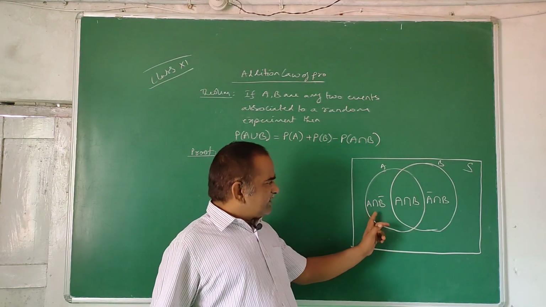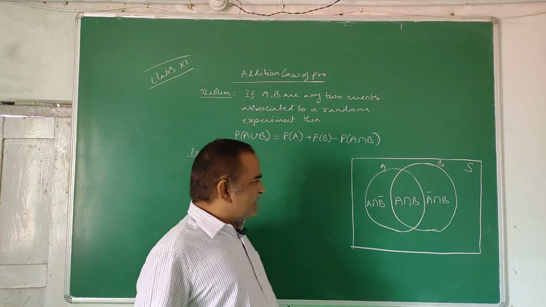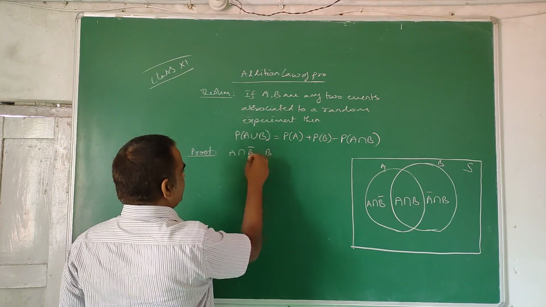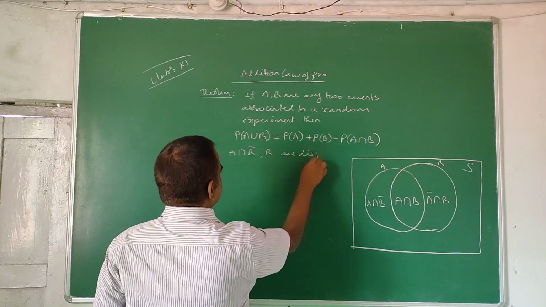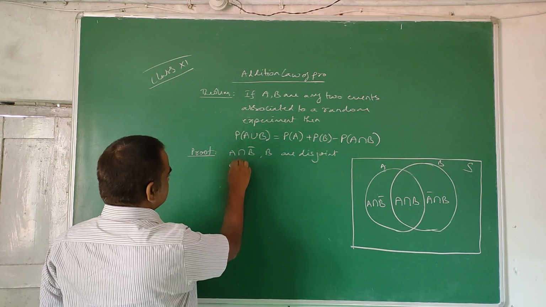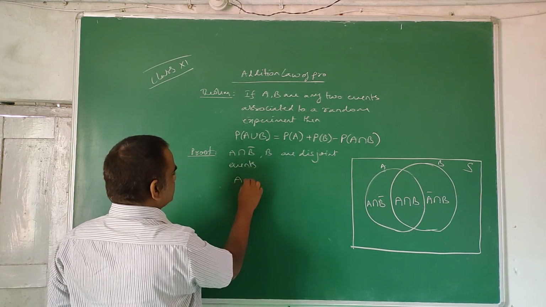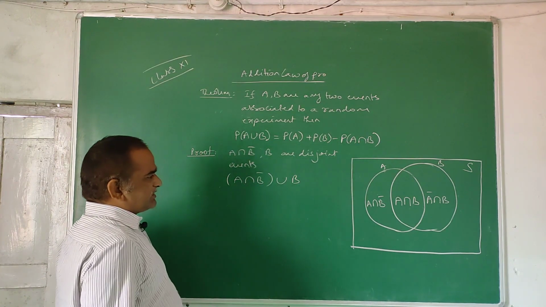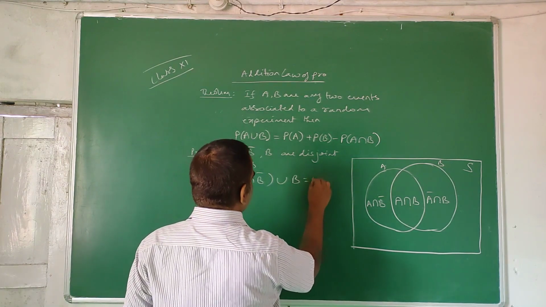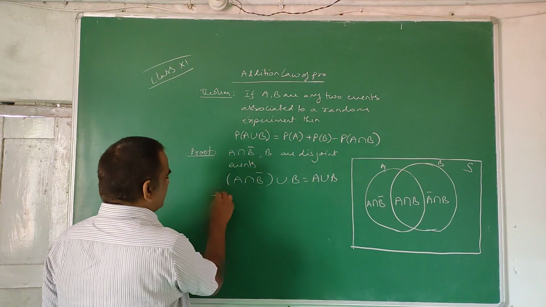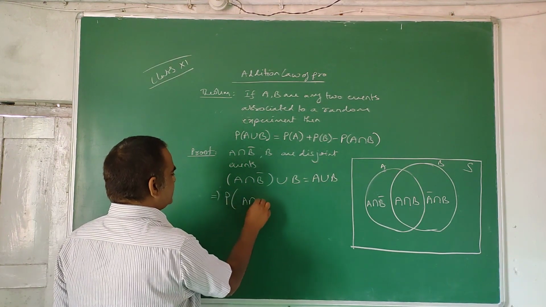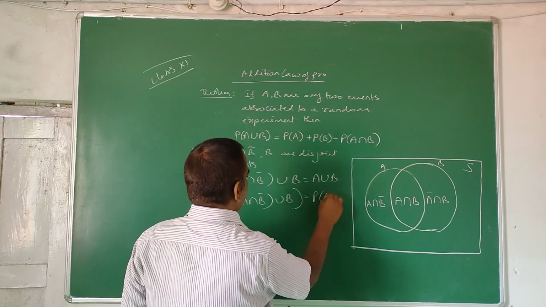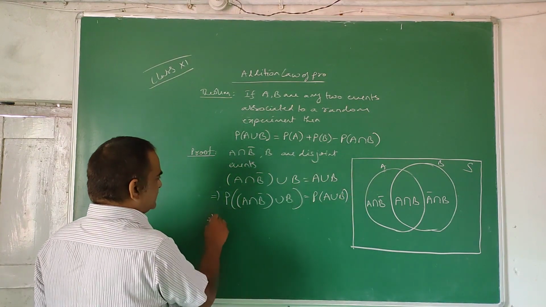And their union, if you take the union of these two events, A intersection B complement and B, it covers A union B. So if you apply probabilities on both sides, probability of A intersection B complement union B is equal to probability of A union B.